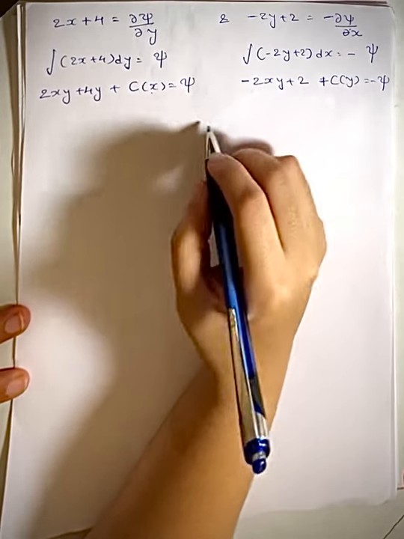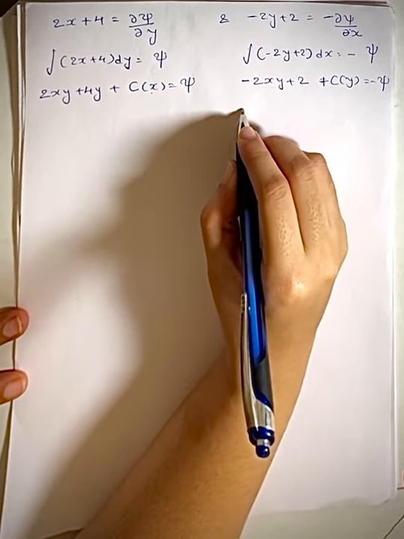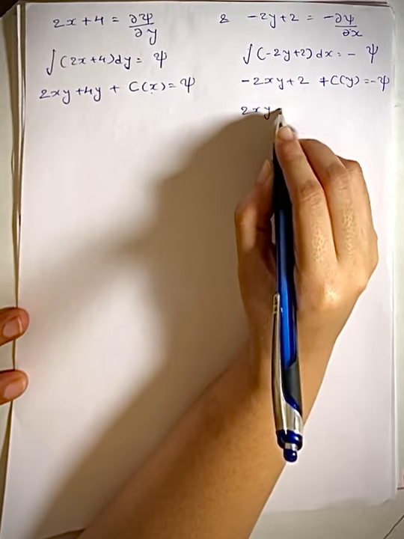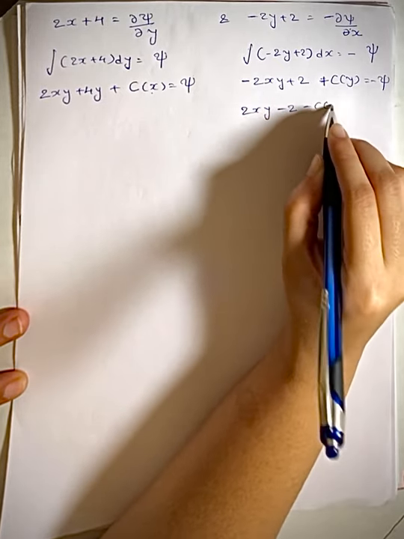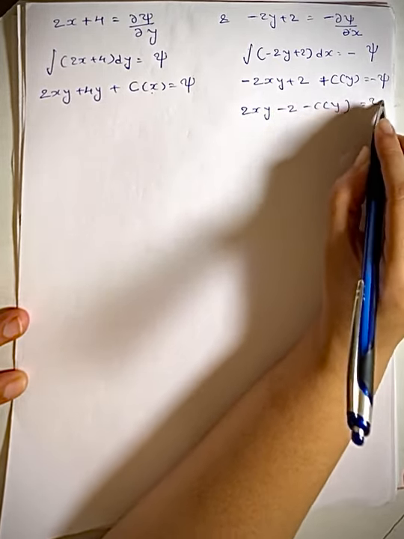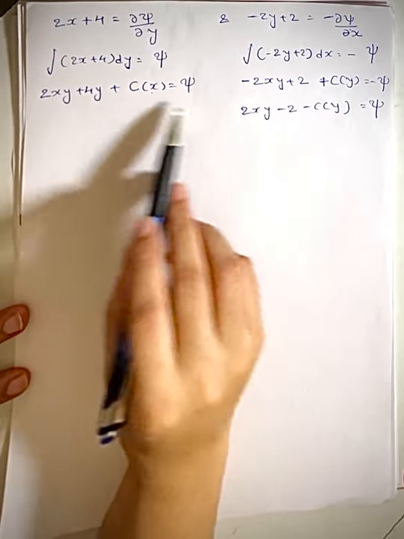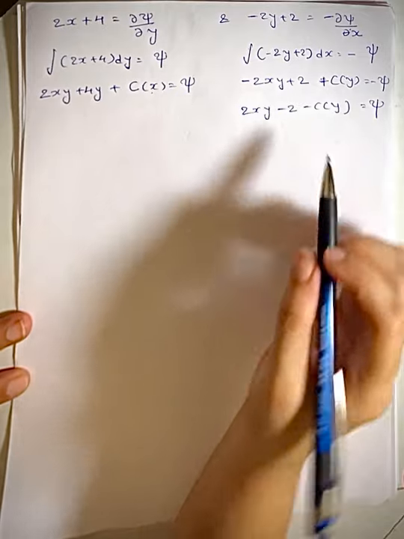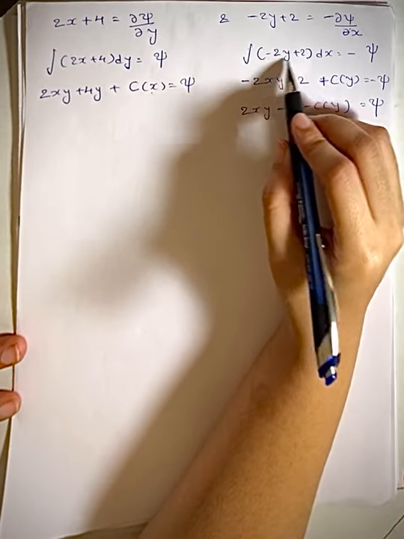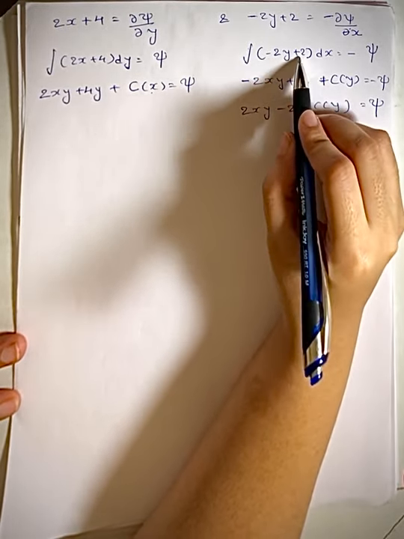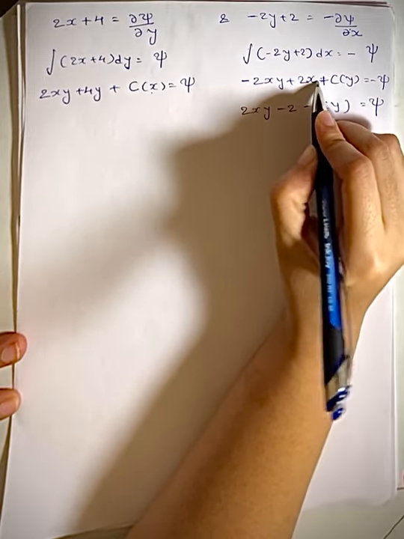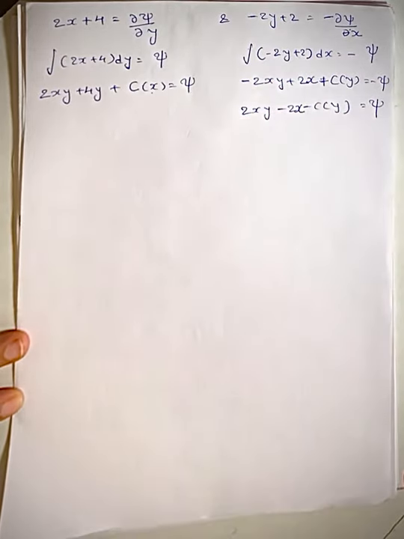We multiply both sides by minus, so we have 2xy minus 2 minus c of y equals psi. Oh, here I made one mistake. The integral of 2y plus 2 dx will be 2xy plus 2x. Okay, I hope this is clear.